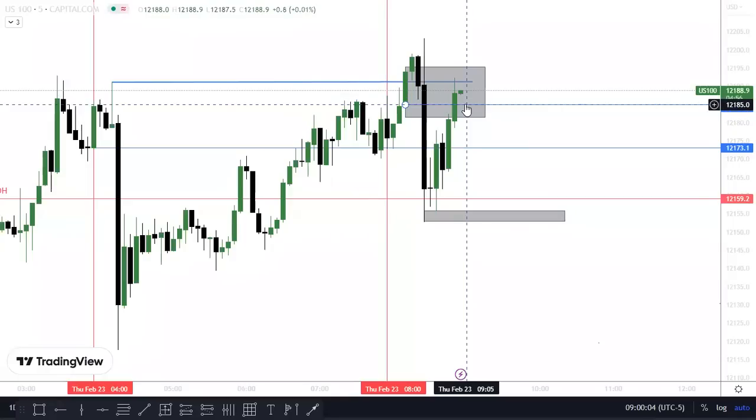Algorithmic theory. 210 would be the perfect trade. What invalidates this trade? The high. Taking my stop out at the high with a close. M5 closing above that high means get out of here.